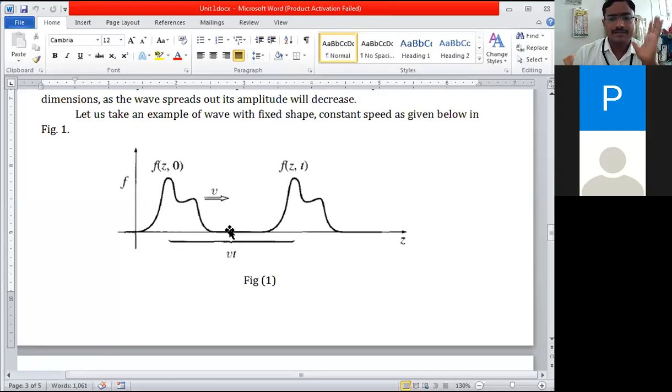Sound wave is the best example of a longitudinal wave. And if the particles of the medium oscillate in a direction perpendicular to the direction of propagation of a wave, then we call it a transverse wave. Electromagnetic wave is the best example of a transverse wave.